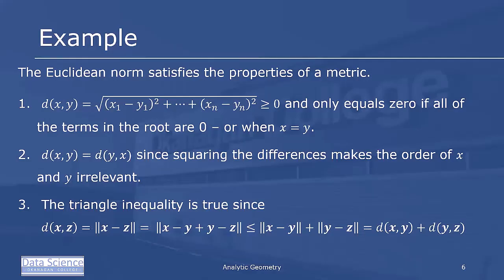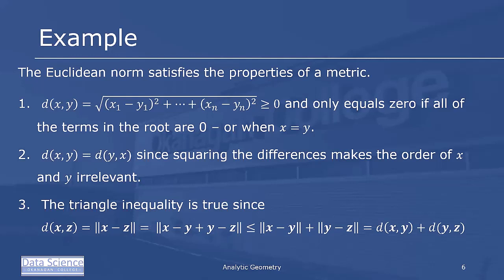In this example, we want to prove that the Euclidean norm satisfies the properties of a metric. Here, the distance from x to y is the square root of the sum of the (xi minus yi) squareds. And that's greater than or equal to 0 because all the terms under the square root are nonnegative.